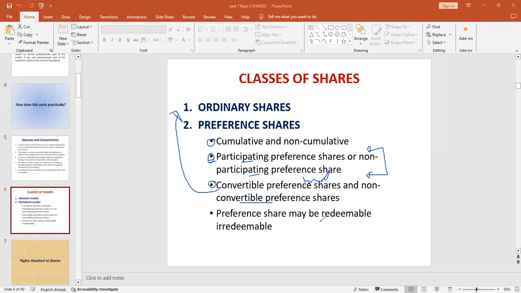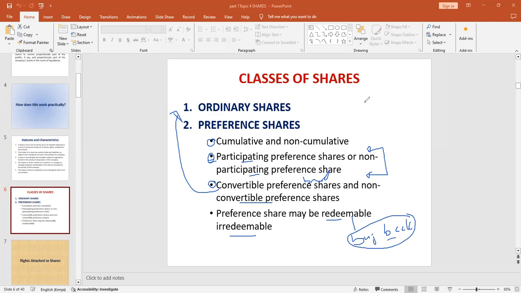And then we have preference shares that are redeemable and those that are irredeemable. Redeemable means the company can buy back those shares. And irredeemable, the company cannot buy back the shares. So the question might be, why would a company want to buy back shares?